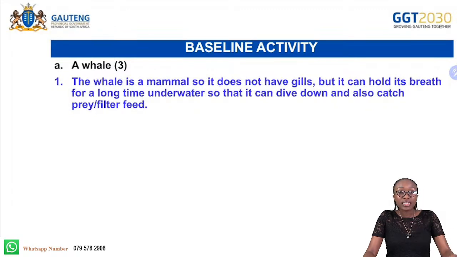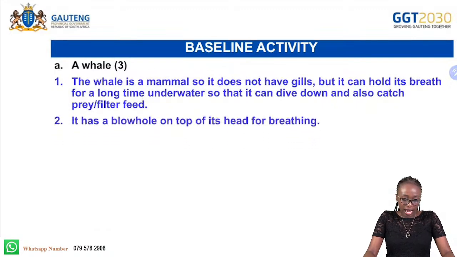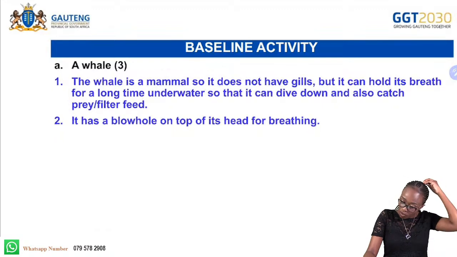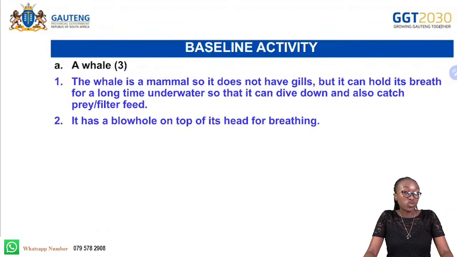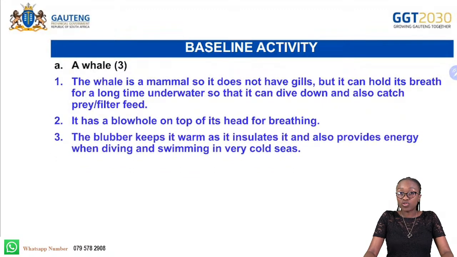But it is adapted to live in the ocean because it can hold its breath for a long time under the water so that it can dive down and also catch some prey, filter, or feed. Number 2, it has a blowhole on top of its head for breathing. Sometimes on some TV shows you've seen water coming out of that blowhole as well.